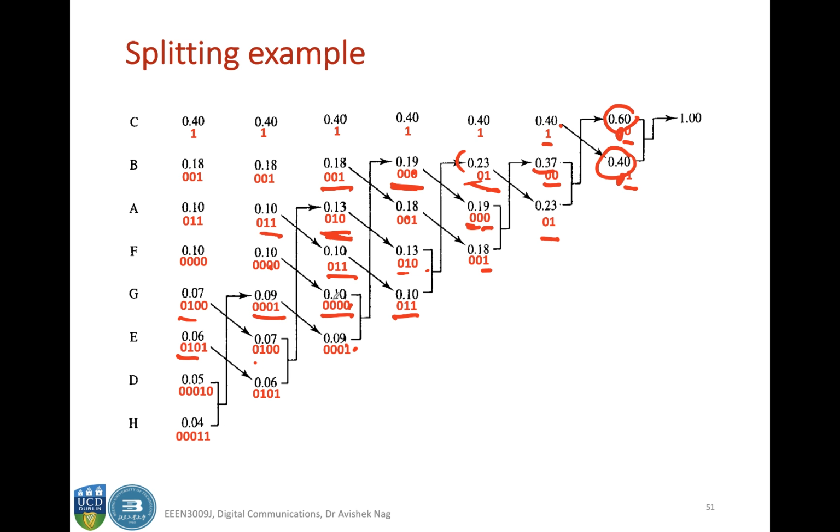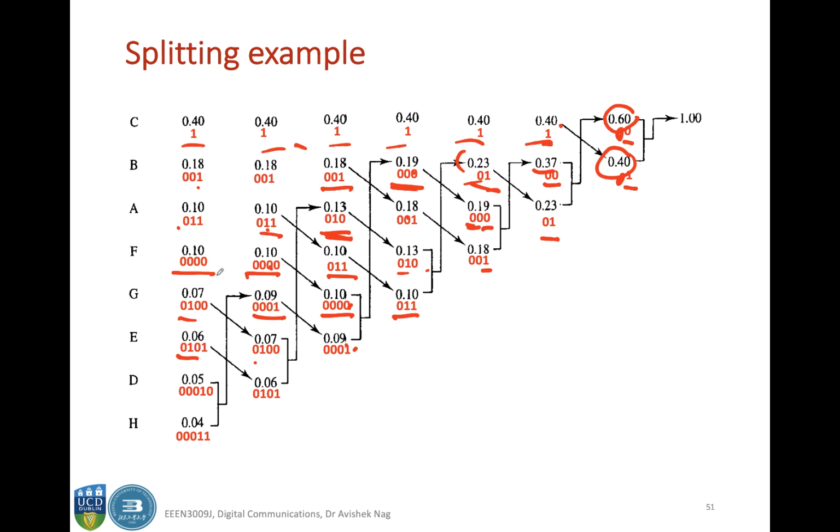And the remaining values are propagated as it is. So this one gets propagated until all the stages, and then this 001 gets propagated, this 011 gets propagated, this four zeros gets propagated like this.